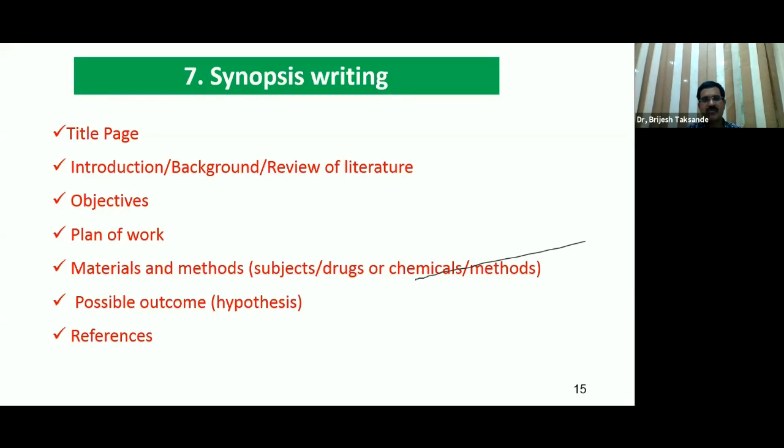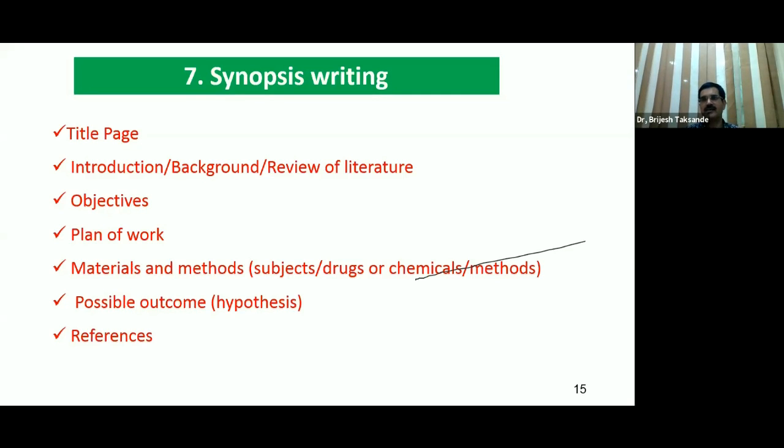So this is just a frame, but keep in mind it is a synopsis, right? So plan of work, materials and methods, and possible outcomes should be written in the future tense. Many times it happens that you copy paste the material from your seniors and it is in the past tense.